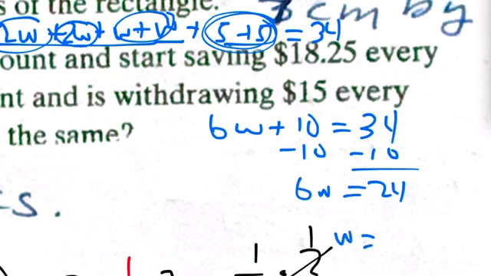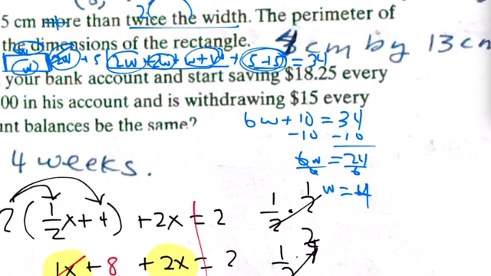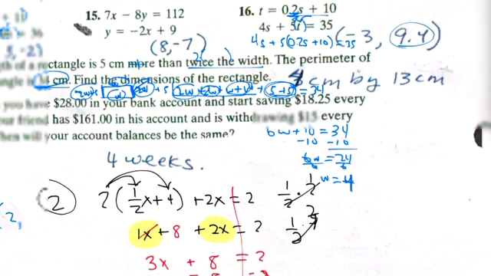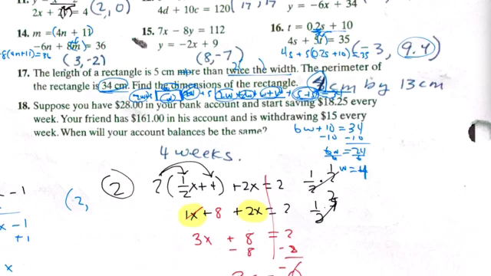And W is 4. Okay. The width is 4 there by 13 centimeters.